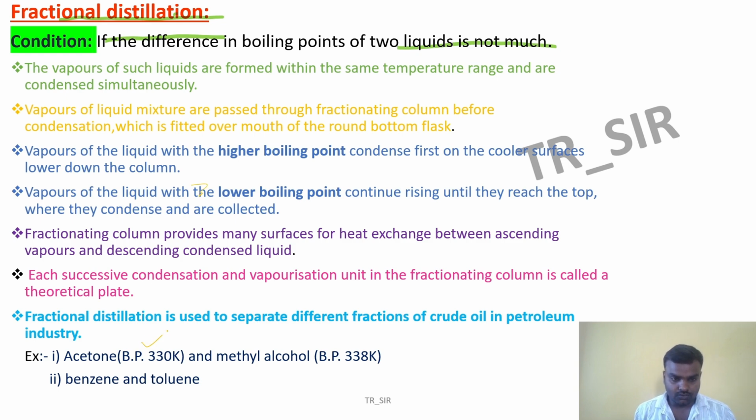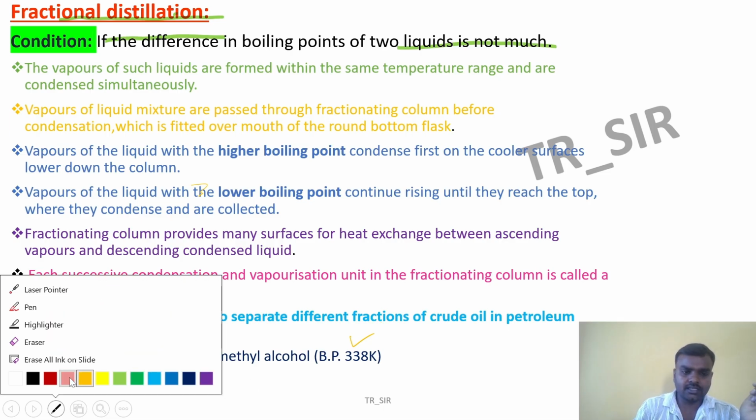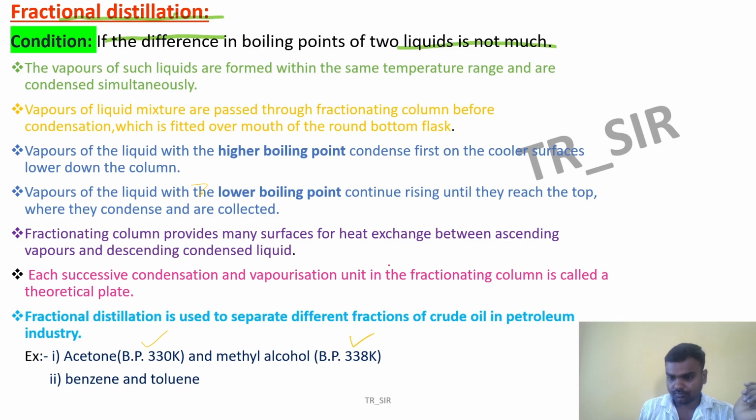Here acetone has a boiling point of 330 Kelvin, whereas methyl alcohol has 338 Kelvin. In this case there is not much difference in their boiling points. How do we separate them? In the previous case we had a large difference, so we could separate them.